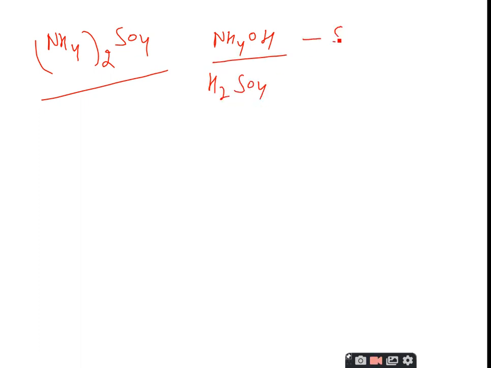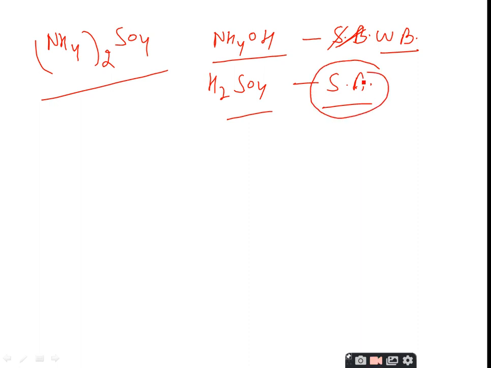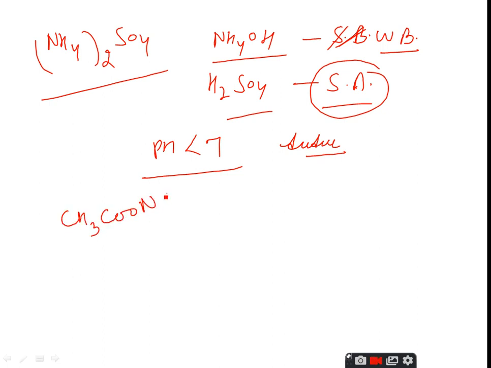Ammonium hydroxide is a weak base, and H2SO4 is a strong acid. So the acid is stronger there, so the pH value is less than 7 and its nature will be acidic.